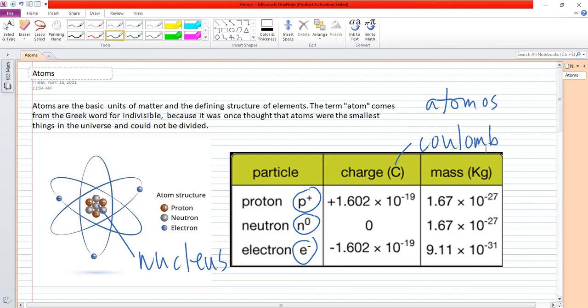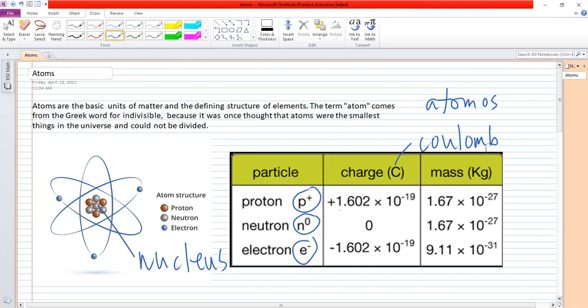Now, for proton, we have plus 1.602 times 10 to the negative 19. For neutron, we have 0. And for electron, we have negative 1.602 times 10 to the negative 19. Okay.